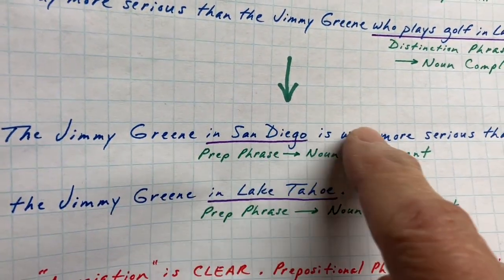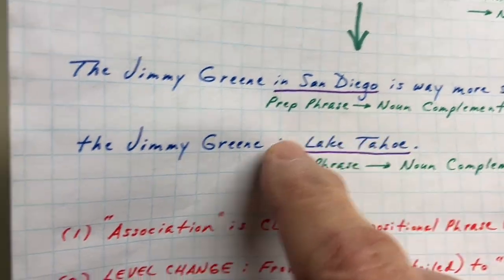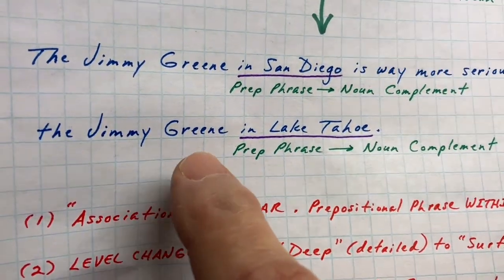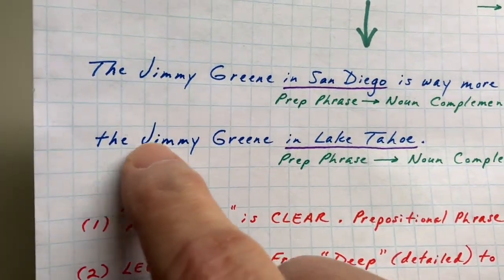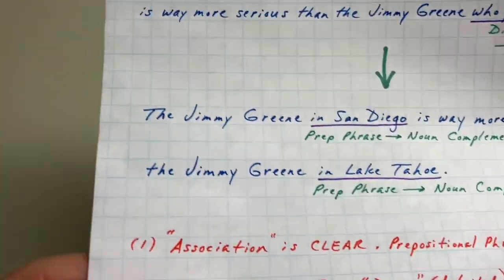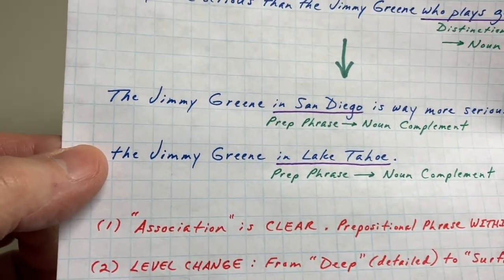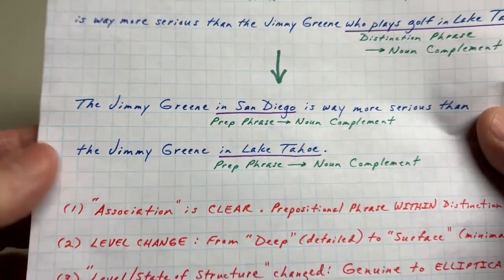He's a successful man. He's a great guy as far as leadership goes. But the Jimmy Green who steps onto the golf course is a funny guy who jokes around, makes everybody laugh. He's just great company. So it's not two different concrete Jimmys. It's an abstract. It's one Jimmy who just puts on different faces. And that's all it is.